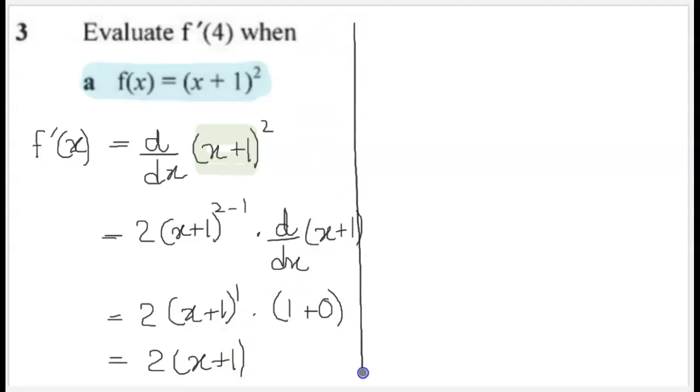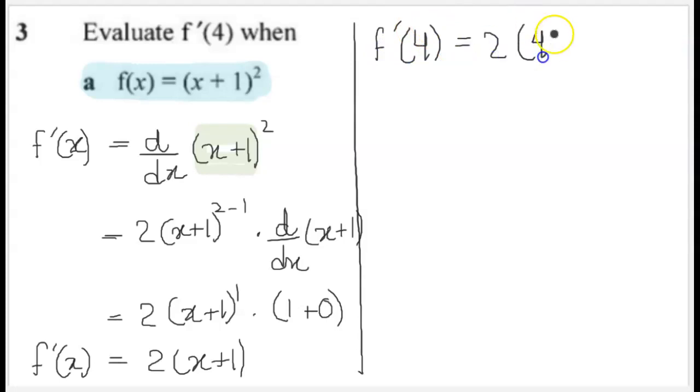Now the question is asking you to find out f dash of 4. So in the question it says 4. So wherever there is x, I'm going to put 4. So f dash of 4 is equal to 2 times bracket 4 plus 1. And when I solve that, this is going to give me an answer of 10.